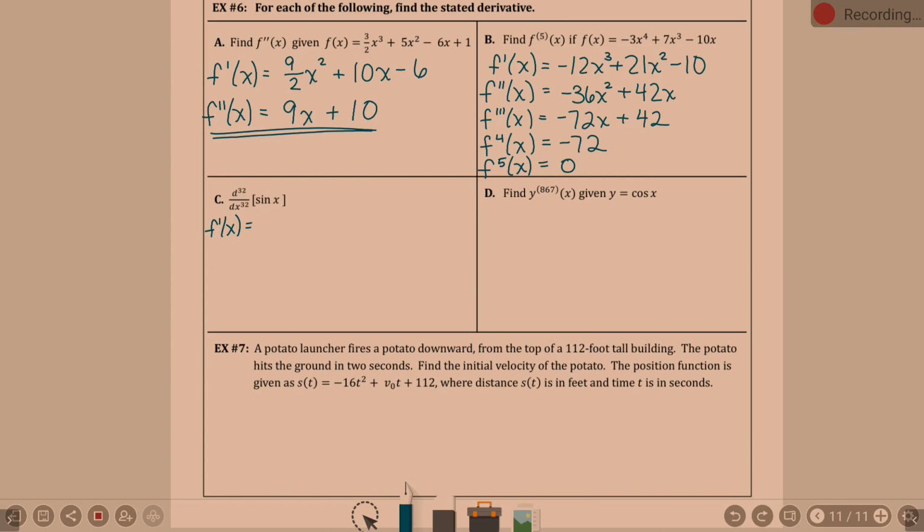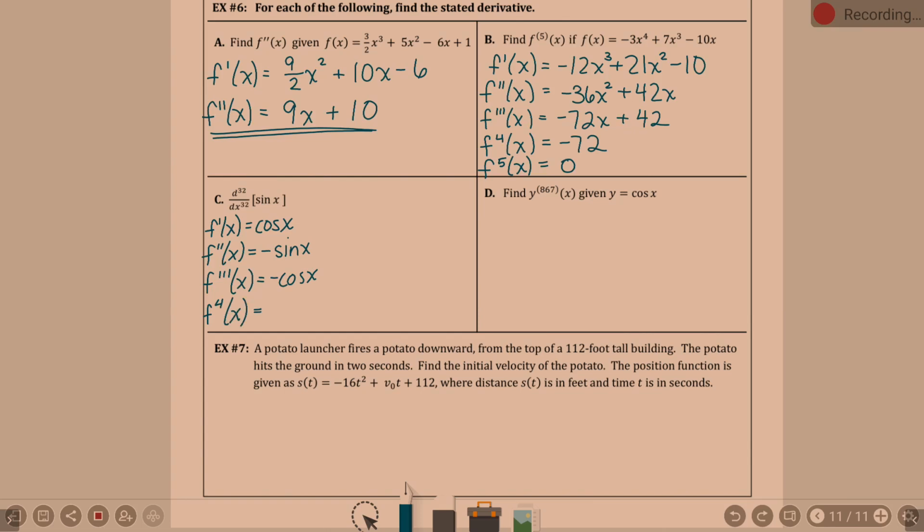So, what's the first derivative? So basically, once we get to the fourth, right? What's the derivative of cosine? Negative sine. What's the derivative of negative sine? Negative cosine. What's the derivative of negative cosine?